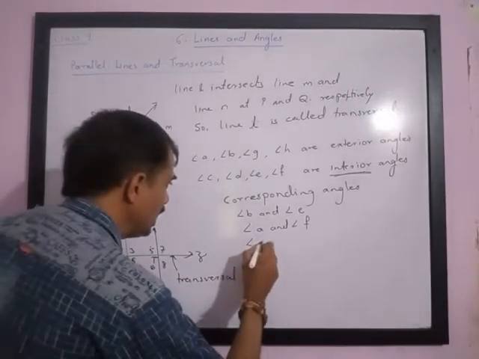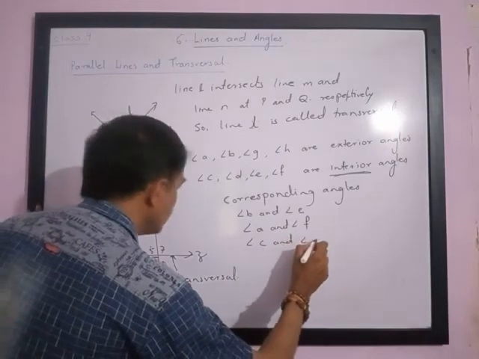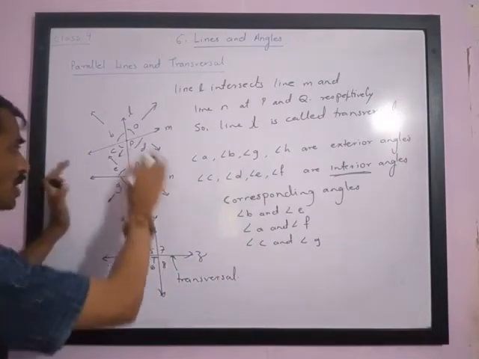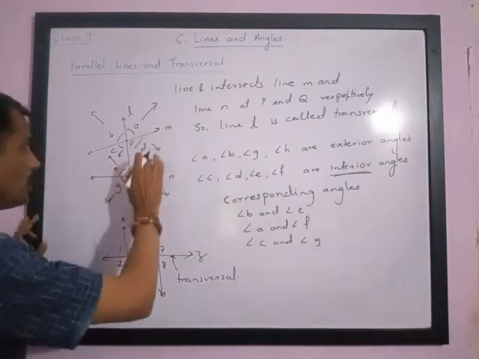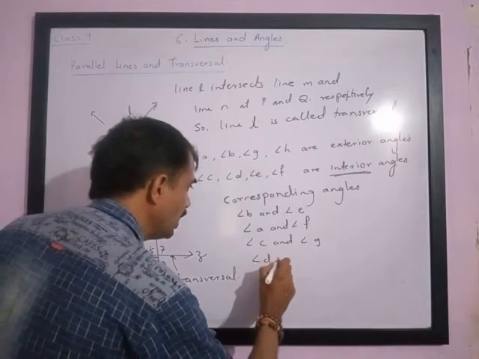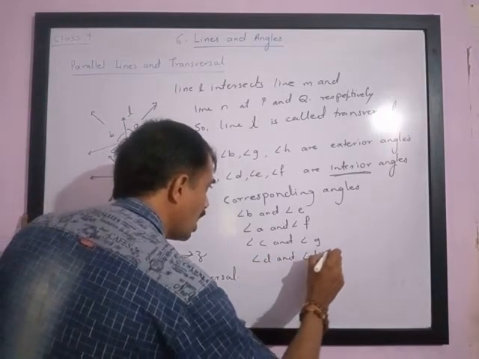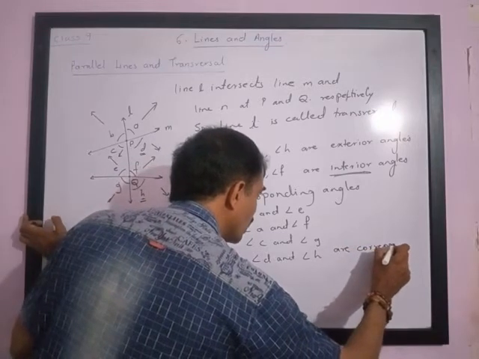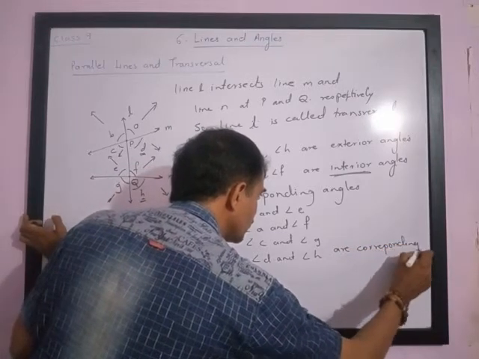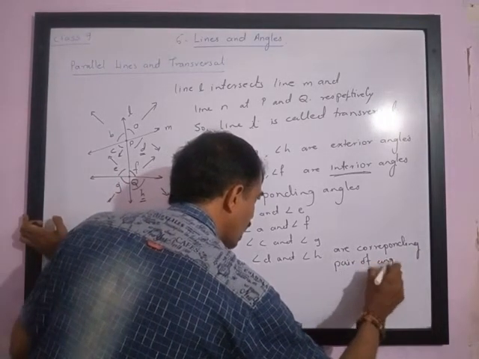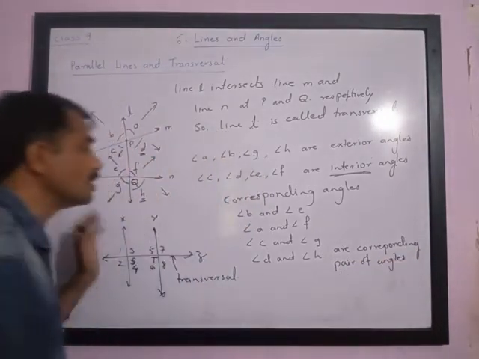So angle C and angle G. Then the fourth pair is in this direction, downside and going to the right hand side. So this angle D and angle H, angle D and angle H are corresponding pairs of angles.